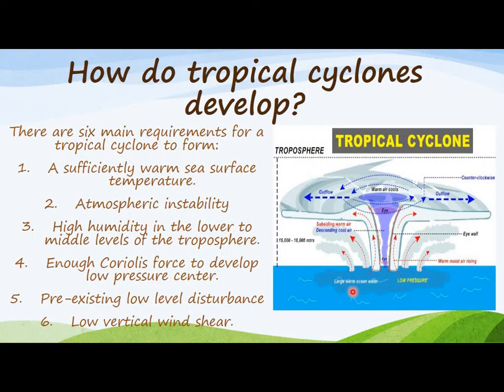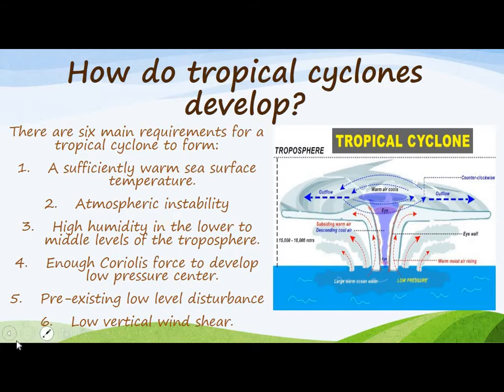Now, how do tropical cyclones develop, no? So, paano nga ba, no, nabubuo itong mga bagyo na to, no? Now, there are 6 main requirements for a tropical cyclone to form, no? So, number 1 is sufficiently warm sea surface temperature, no?